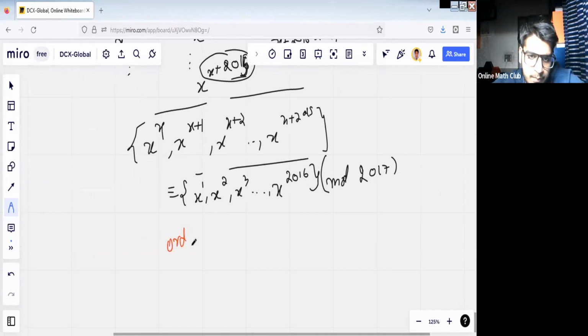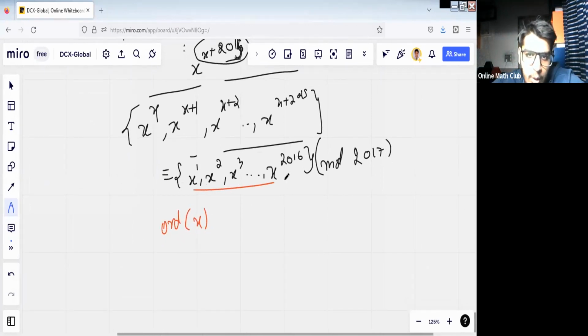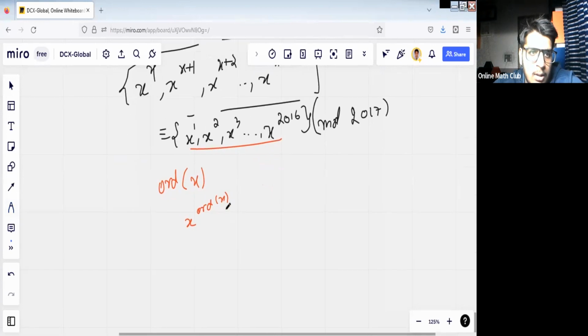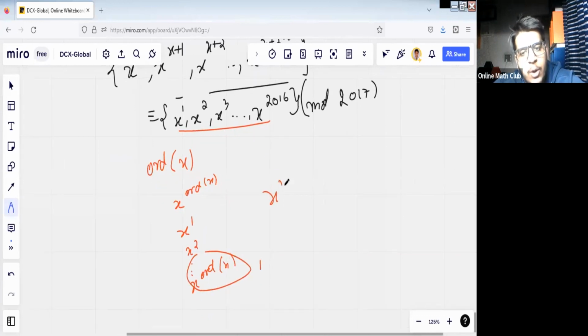Now consider the order of x. The first time you get a 1 in this set is at x to the power order of x. So x to the power 1, x to the power 2, then you get x to the power order of x, which is 1. Then you get x to the power 2 times order of x, which is again 1.